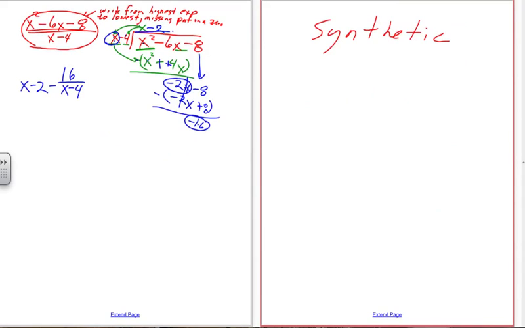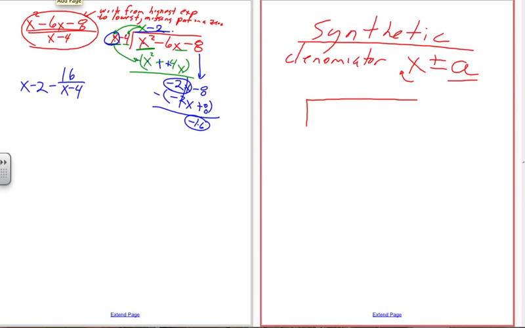Now, synthetic division only works if your denominator must be in the form of x, with a coefficient of 1, plus or minus some number. If you've got anything other than x plus a number or x minus a number, you cannot use synthetic division. The reason we do use it is it's a little bit less painful. And you're going to have to know how to use both of these.